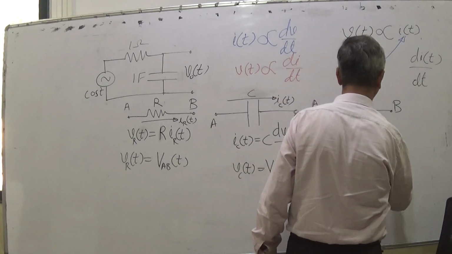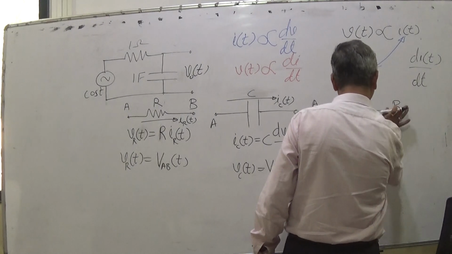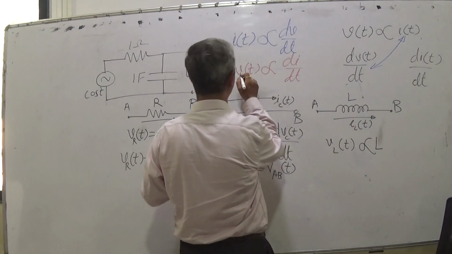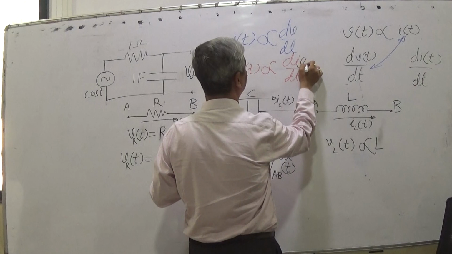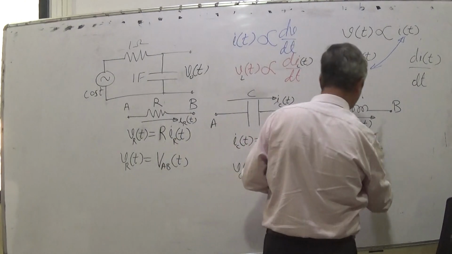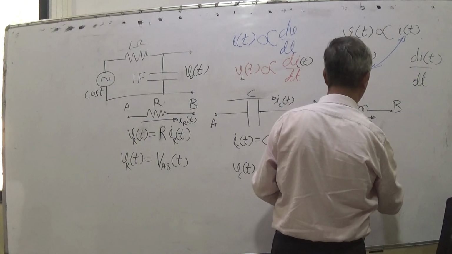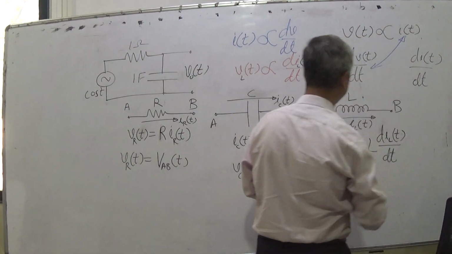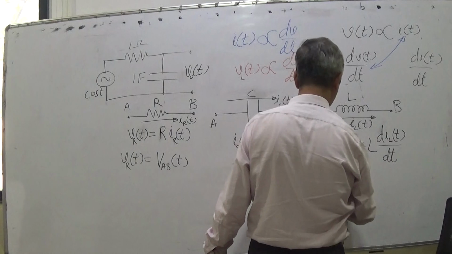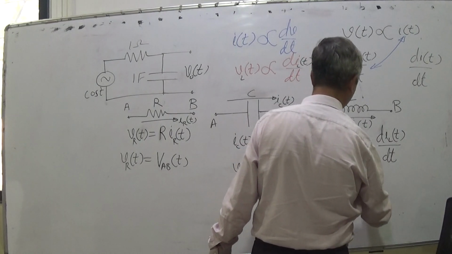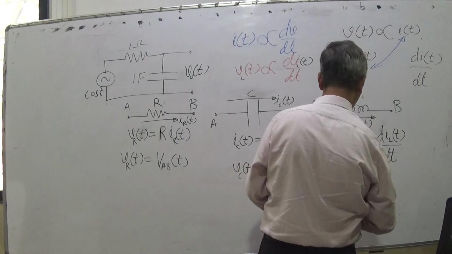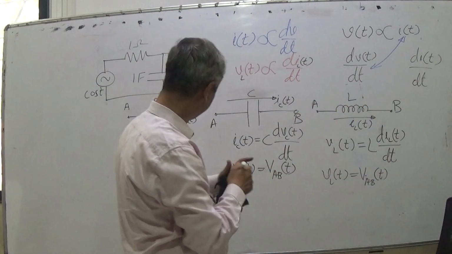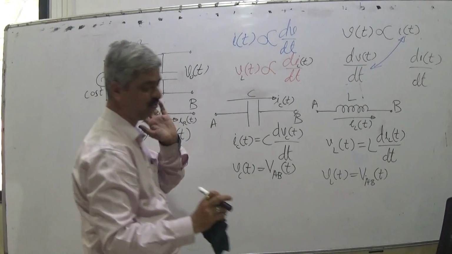VLT is proportional to dILT by dt and is equal to L dILT by dt, where L is the constant of proportionality, ILT is the current and VLT is the voltage. These A and B directions are also purposely shown so that there is no confusion.